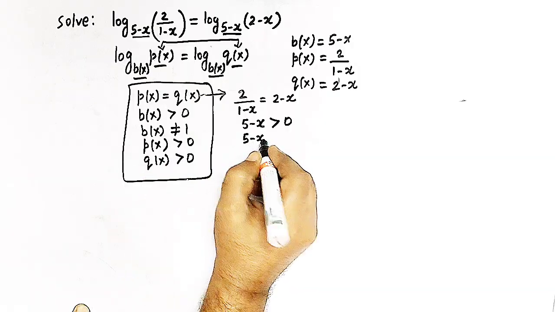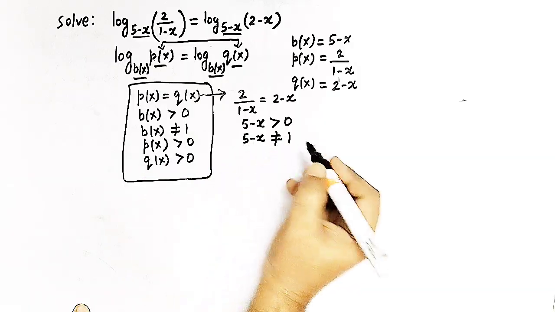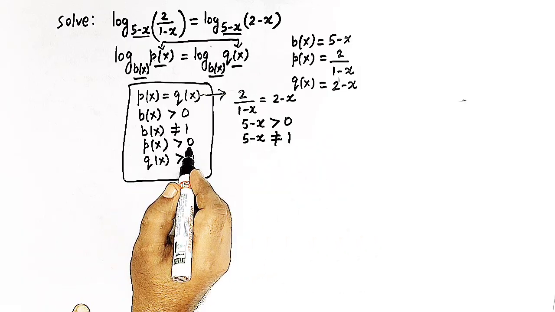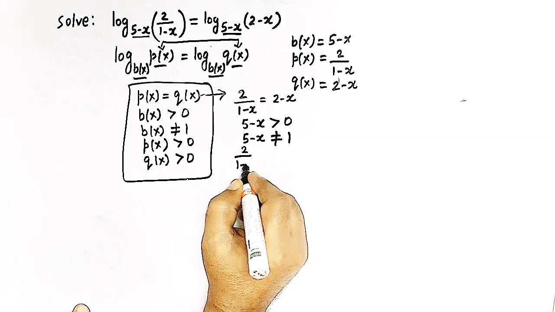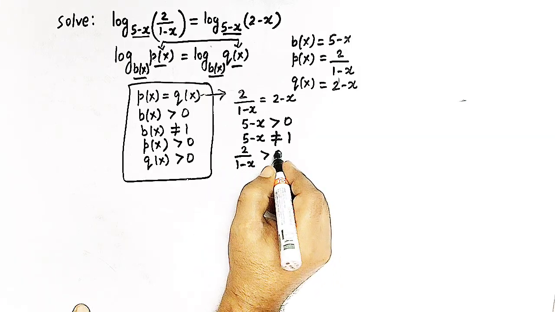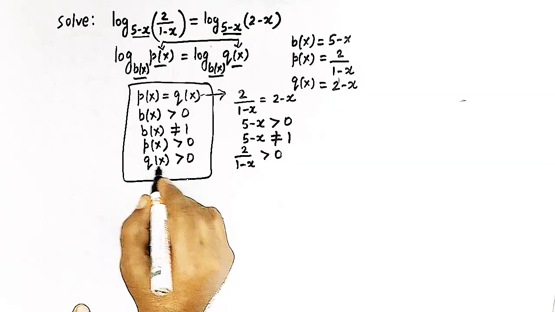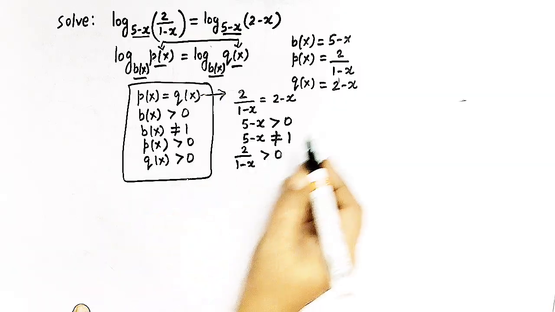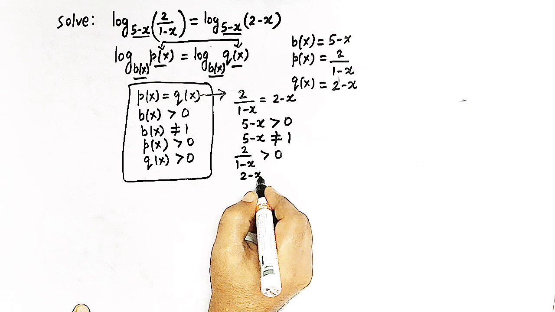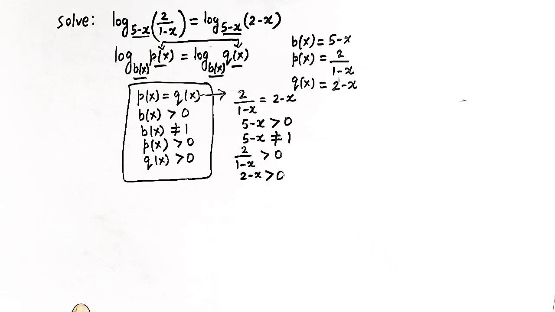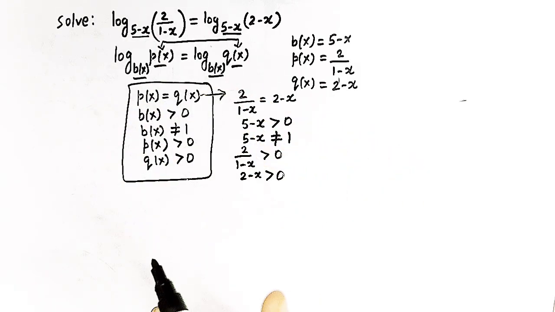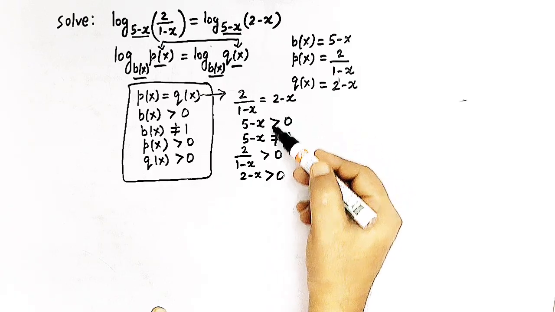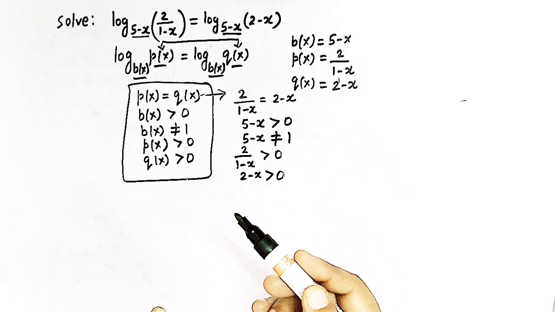So we have 5 minus x should not be equal to 1, and then p of x should be greater than 0. So this gives us 2 over 1 minus x must be greater than 0, and q of x should also be greater than 0. So we should have 2 minus x greater than 0. So now the solution of this equation is that value of x which satisfies all these conditions simultaneously, right?